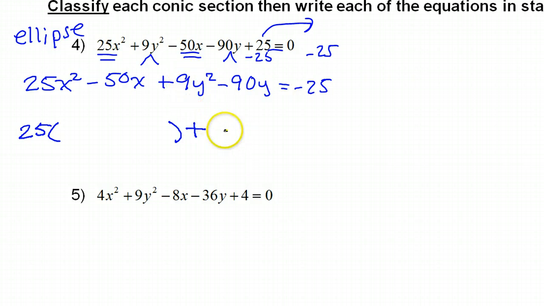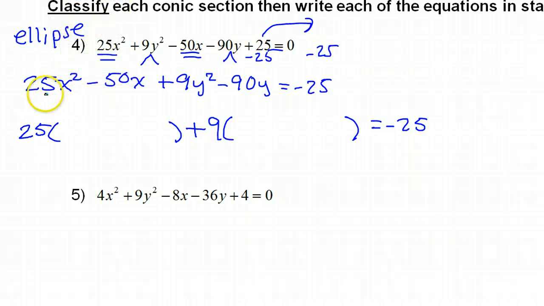And I'm going to bring this 9 out front as well. So to find out what goes inside, I have to divide. So I am dividing by 25 on these. And I'm bringing the 9 out here, so that means I'm dividing these by 9.